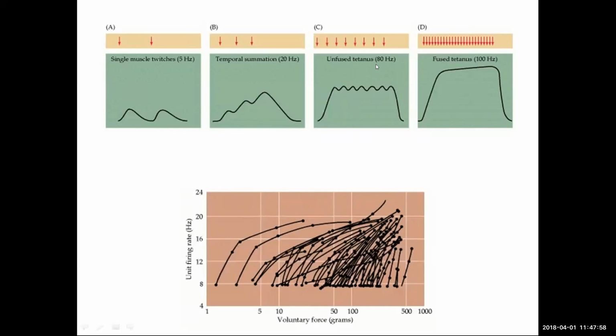So if you are doing a large isometric contraction, or you are weightlifting and your biceps is contracting like this, it's not only that the large motor neurons are activated, they are activated at such a frequency that you combine all together to produce a large force. So most of the time, if the forces are smaller, we think that mostly, not always, it may follow the principle of recruitment.